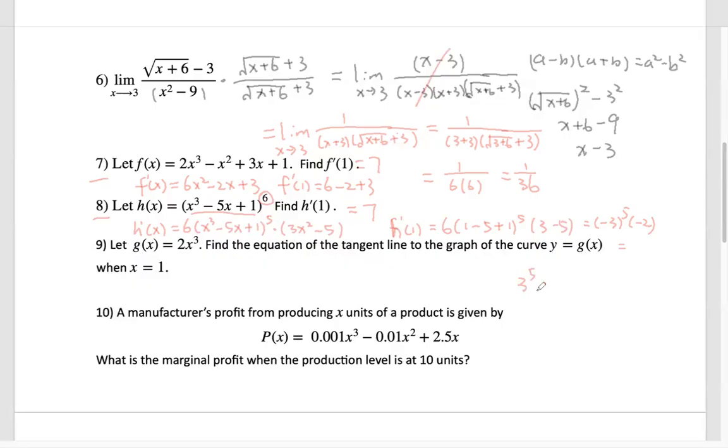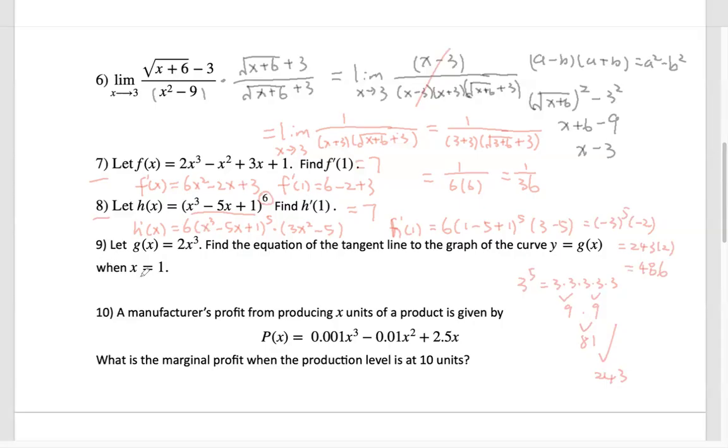You can use a calculator, right? 3 times 3, 3 times 3 times 3, 5 times. Get 9, 9 times 9, 81. 81 times 3, 243. So 243 times 2, which is 486.